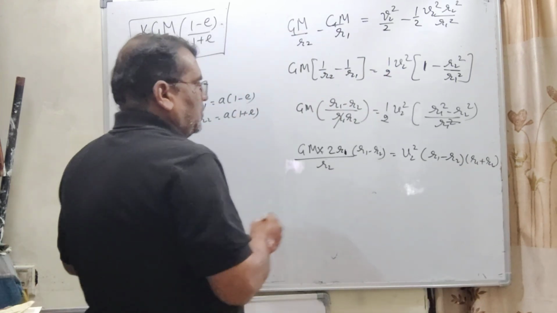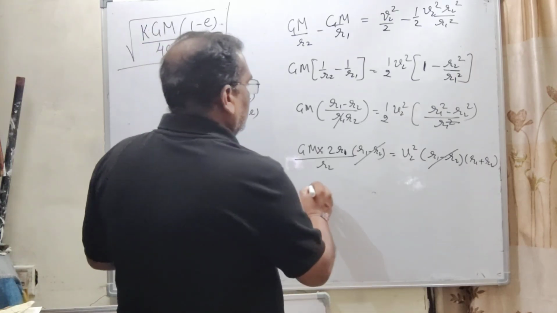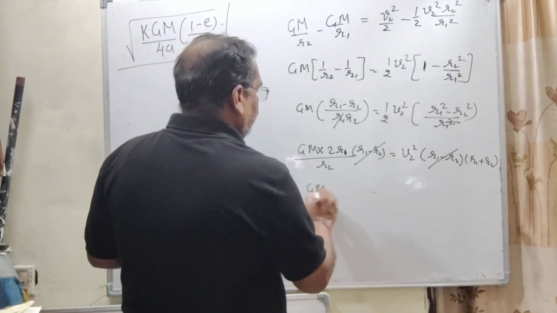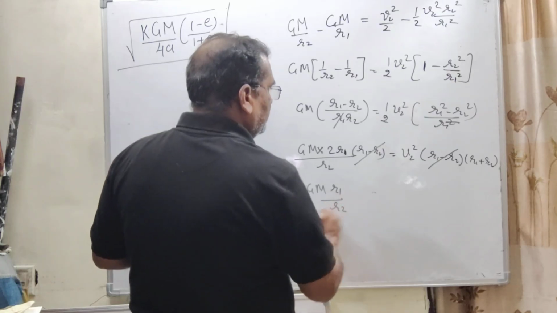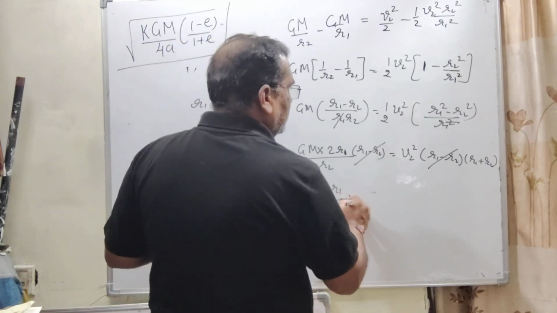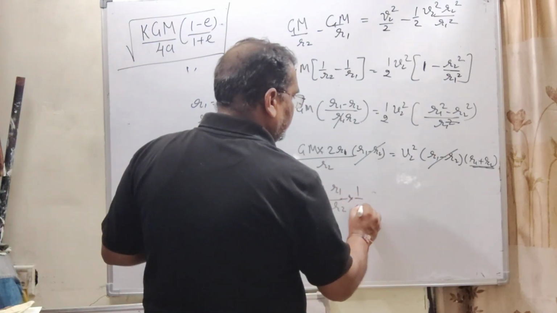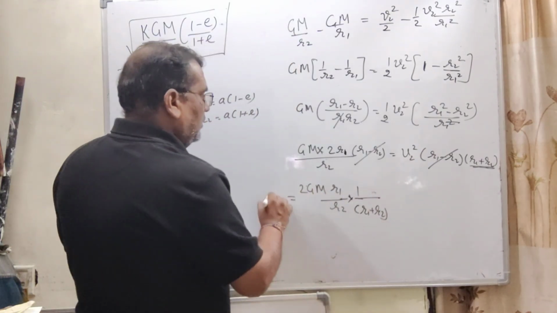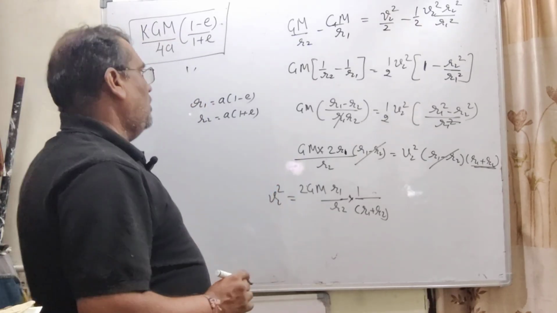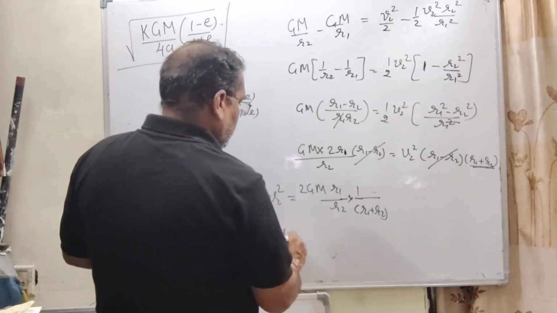So this portion cancels out. G M r1 by r2 with this portion in the denominator on the left side, r1 plus r2, is equal to v2 square.